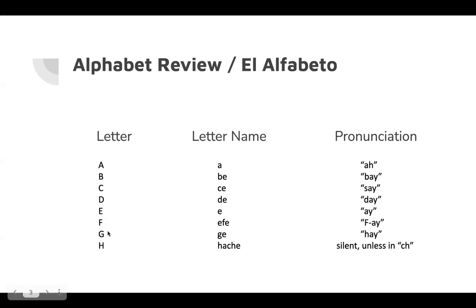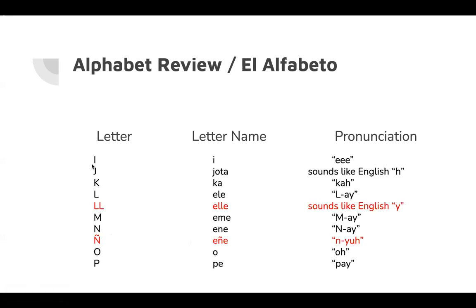The letter G, the letter name is GE, and it's pronounced like hey. The letter H, the letter name is Ache, and the H is silent unless it's in a word with CH.